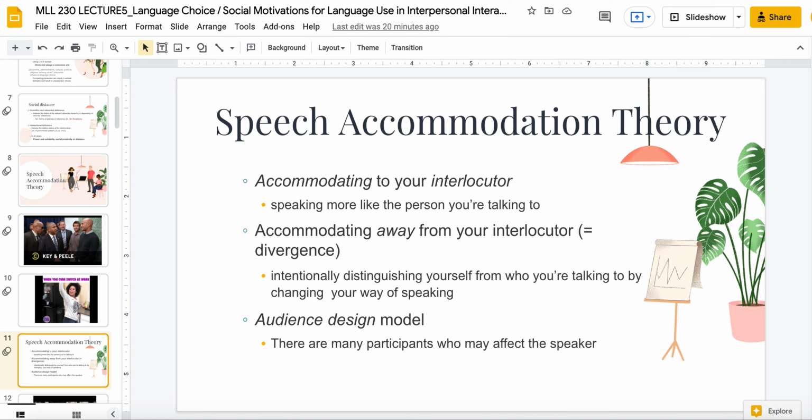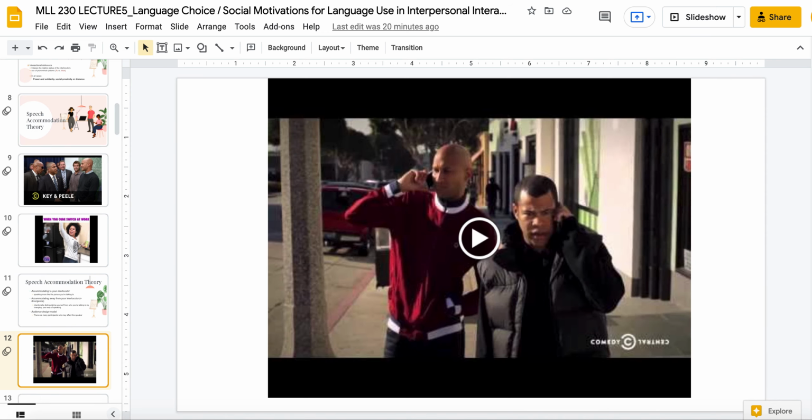Some people do this in like more formal instances, right? They're code switching. And also the audience design, right? If there are many participants, they may affect who the speaker is. And so another really funny skit from Key and Peele, but they're kind of accommodating their language depending on who is around.